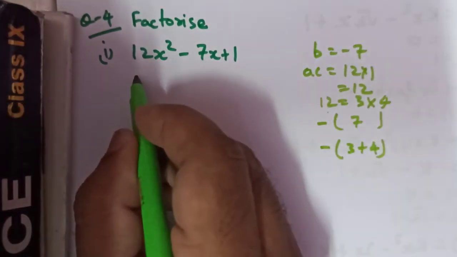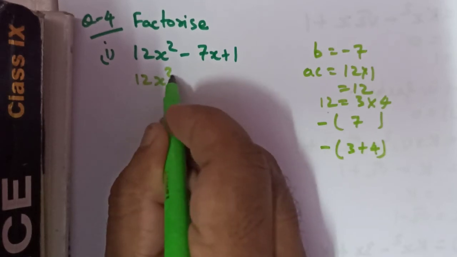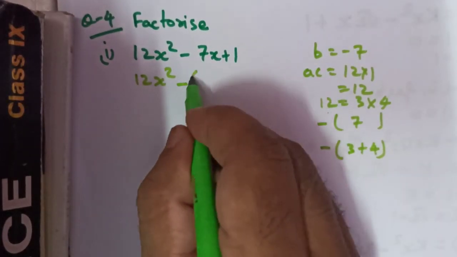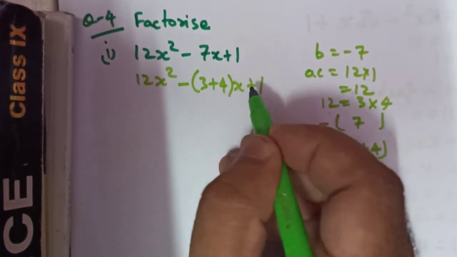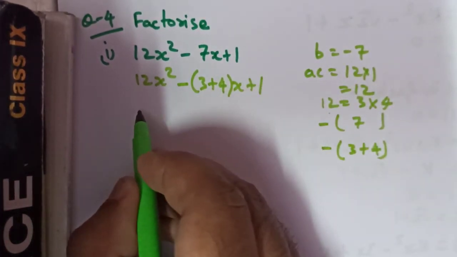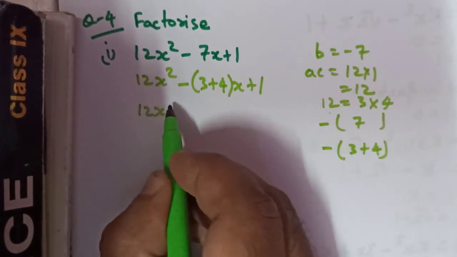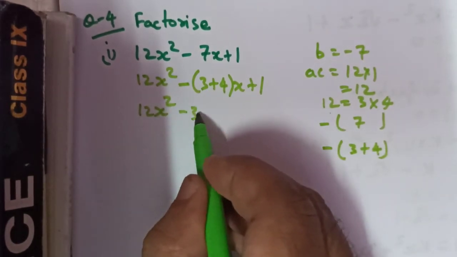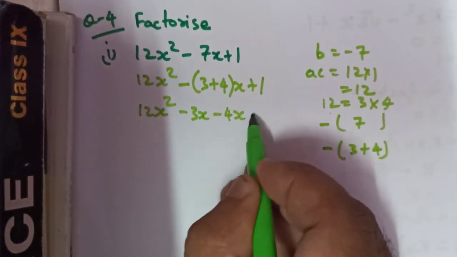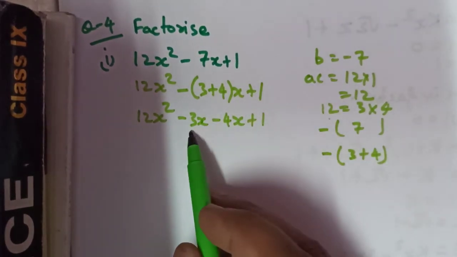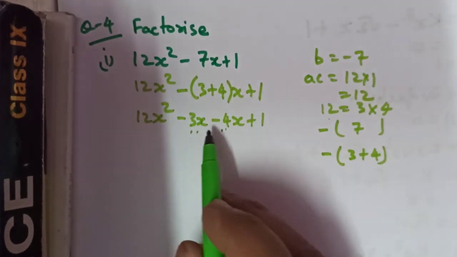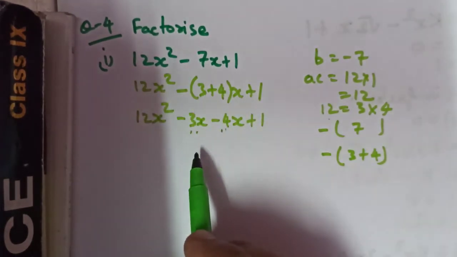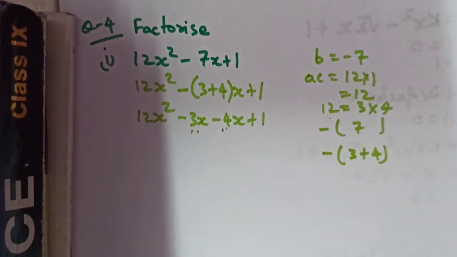So we can write it as 12x² − (3 + 4)x + 1. If we open it, we get 12x² − 3x − 4x + 1. Now you can check also, −3 − 4 is −7, and minus into minus will be plus, 3 fours are 12. So the product is coming equal to ac and the sum is coming equal to b.